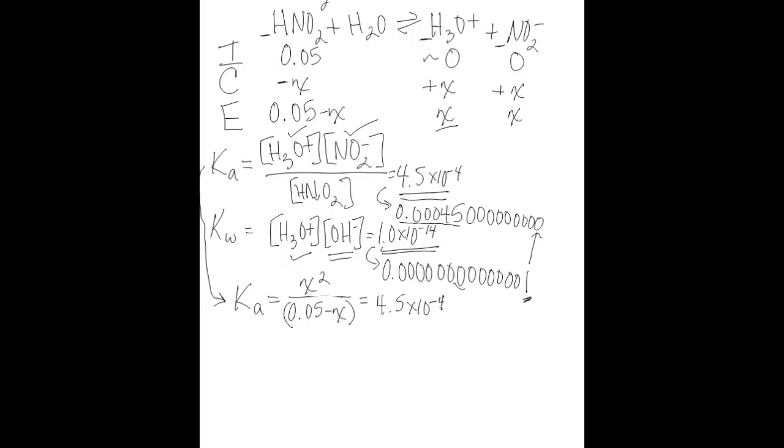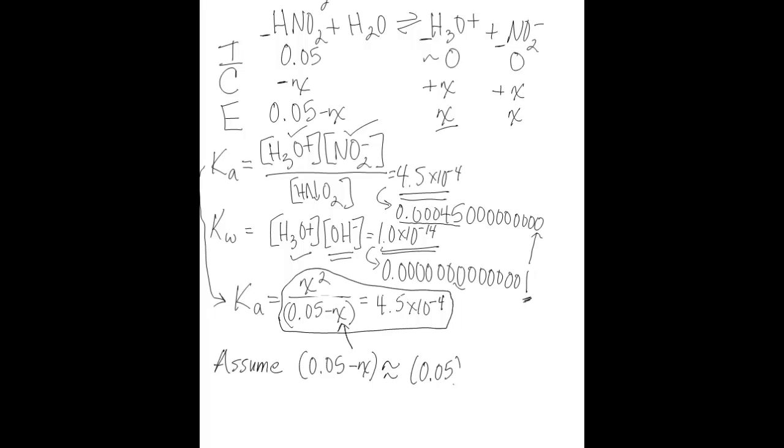Now this could be a messy equation to solve for X. So what we can do is try to get rid of this X term. If we do that, things can get a lot easier. So what we do is make an assumption. We assume that 0.05 minus X is approximately equal to 0.05.